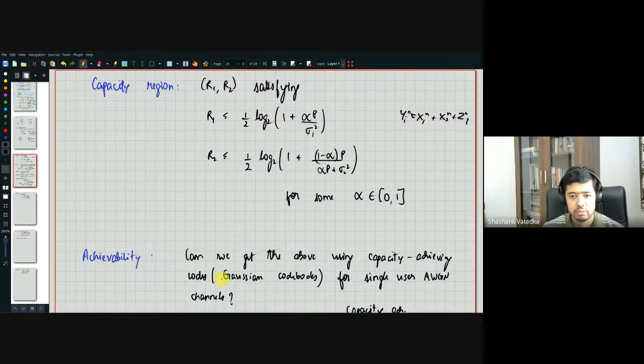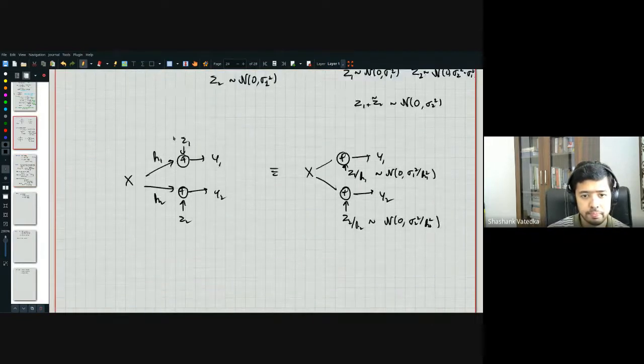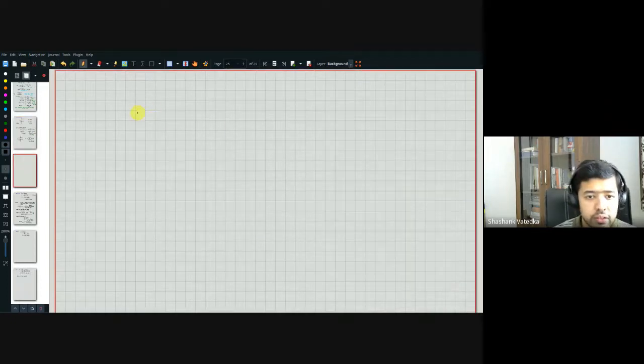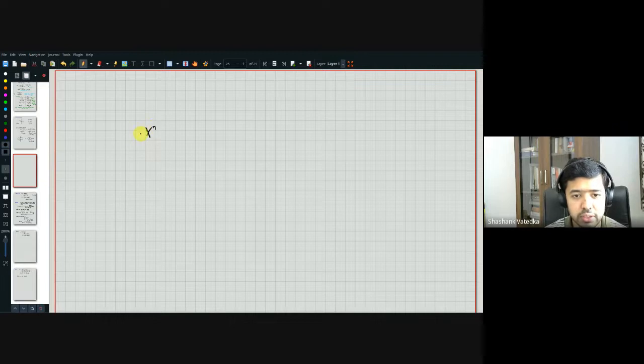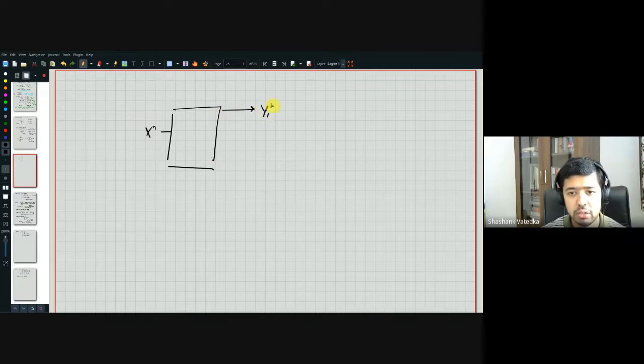In a broadcast channel, you have a single sender who sends x^n, and then this goes through some channel, where you can have arbitrary correlations, and user 1 gets y1^n and user 2 gets y2^n.